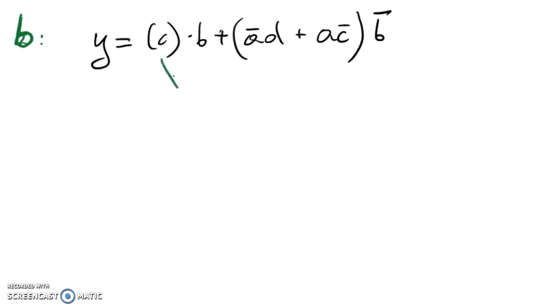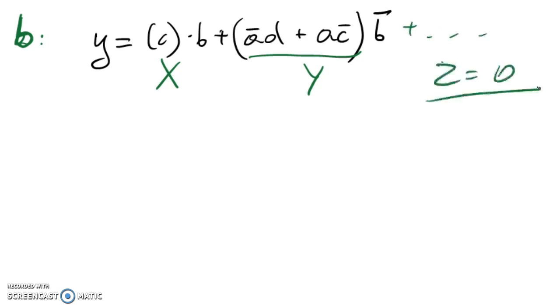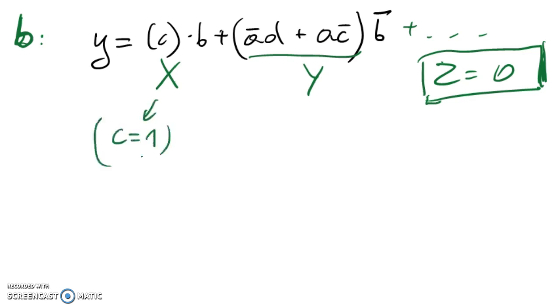Okay, this is our X, this is our Y, and Z, because it's not here, nothing here, Z equals 0 by default, so it is a condition satisfied for hazard. And let's expand it, and the condition is that C is equal to 1 and either not A D equals 1 or A not C equals 1.